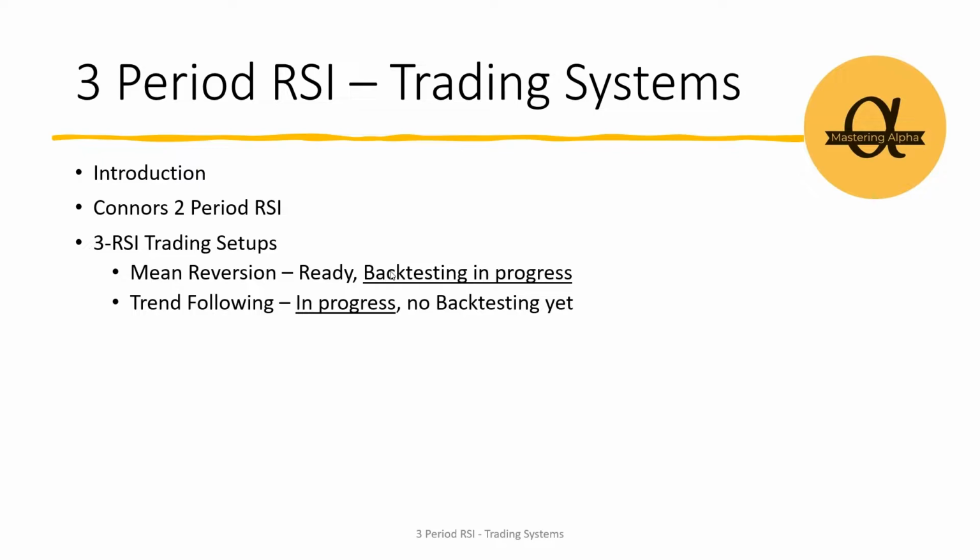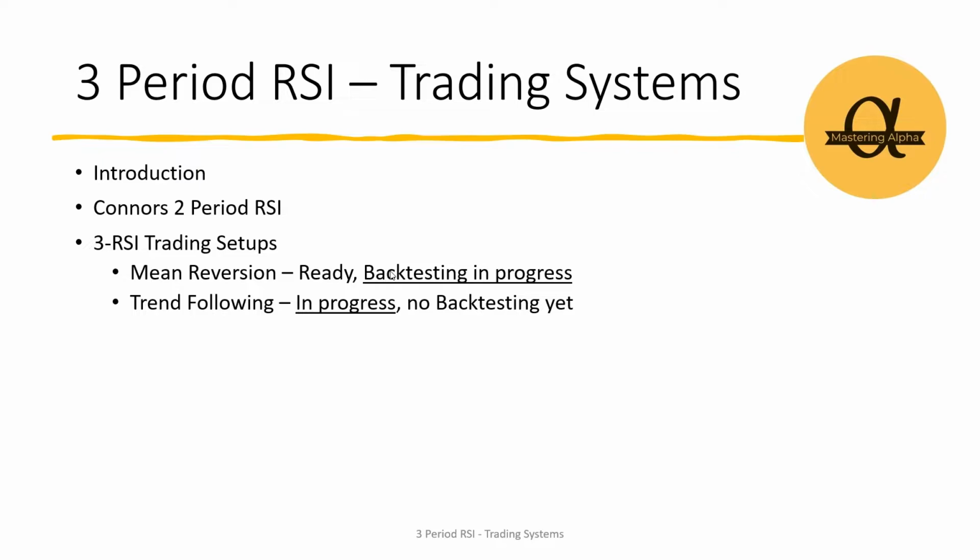Another strategy that I want to develop in future, which is a work in progress, is a trend following system. I'll explain what those two types are. And then finally, we will see the results and comparison. We'll see how the two-period RSI looks and how the three-period RSI mean reversion looks once we test it on several charts. So let's go ahead.